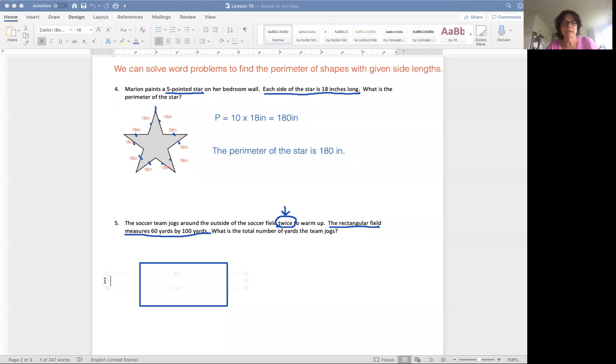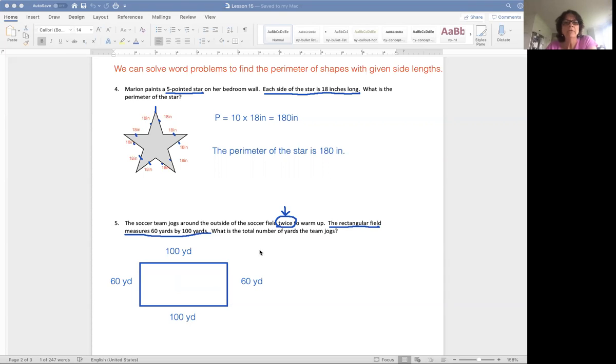So I'm going to label this 60 yards and the 100 on the longer side. And remember, they only give you 2 measurements, but opposite sides on a rectangle are equal. This is a really good fact to remember when you're doing perimeter. We also learned it when we did area.